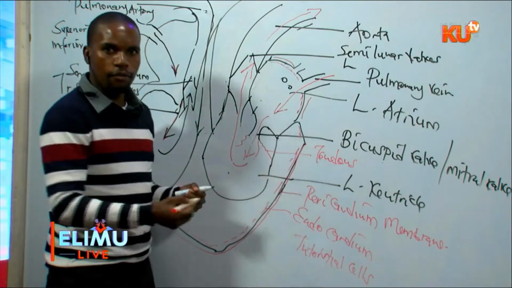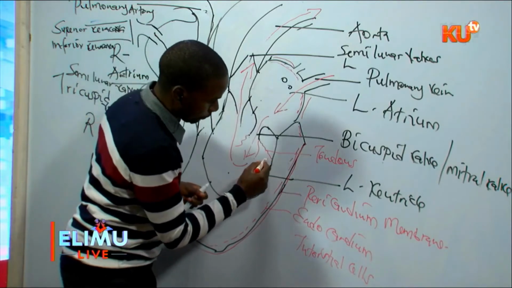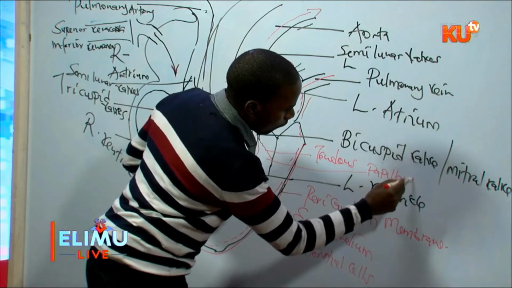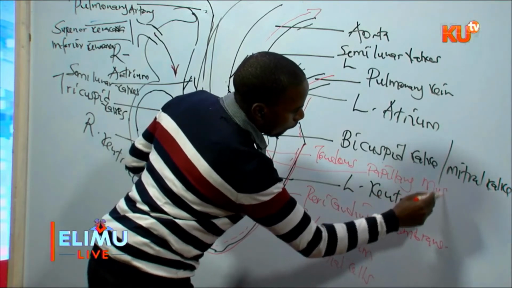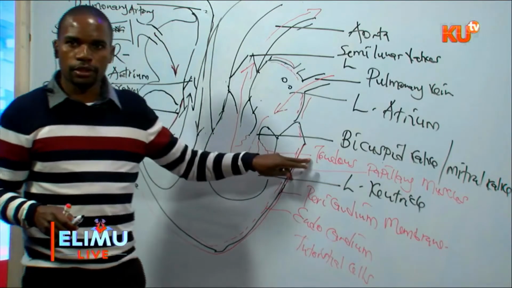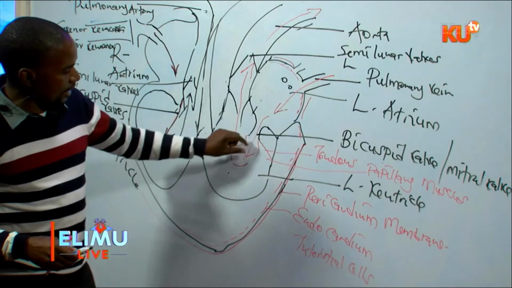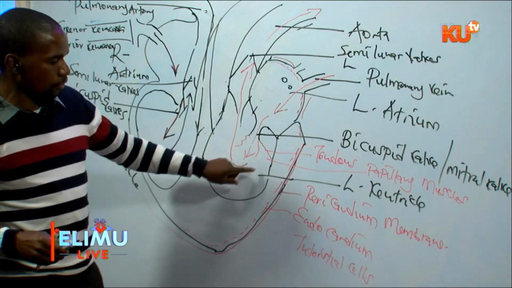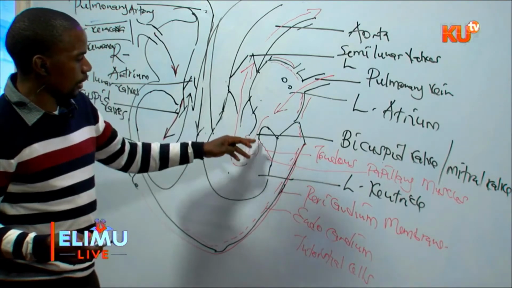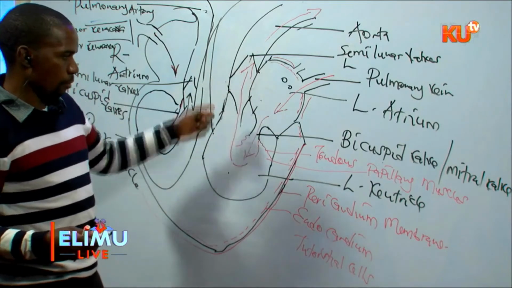The tendons have muscles known as papillary muscles. These muscles ensure that tendons are attached to the muscles of the heart, so that the valves are not able to overturn or to go back.